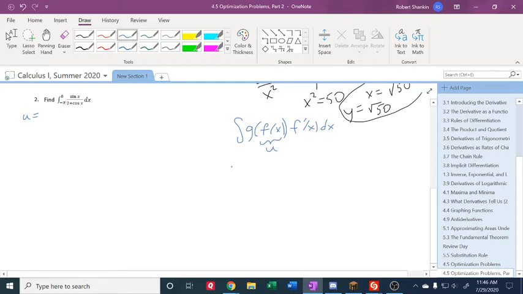This is what we can integrate: g of f of x times f prime of x dx. If this is the u, this becomes the du.